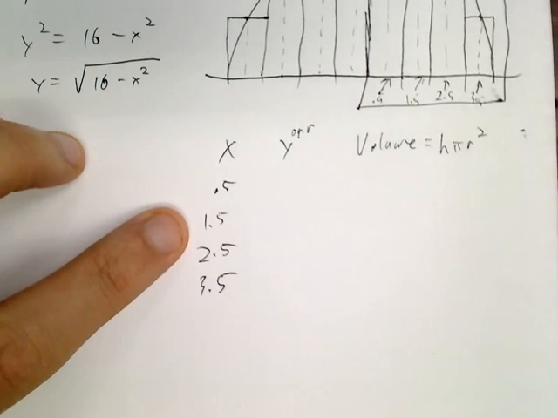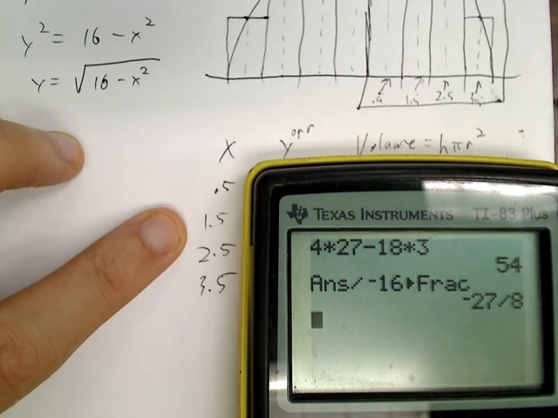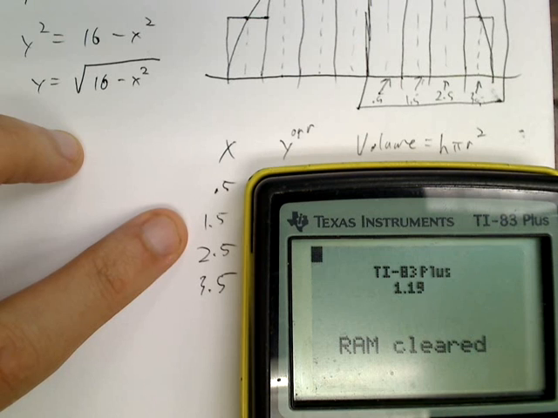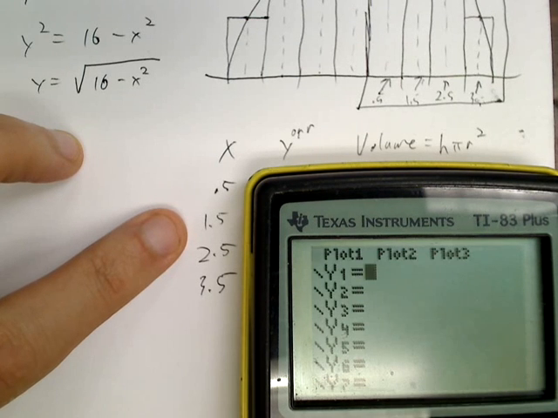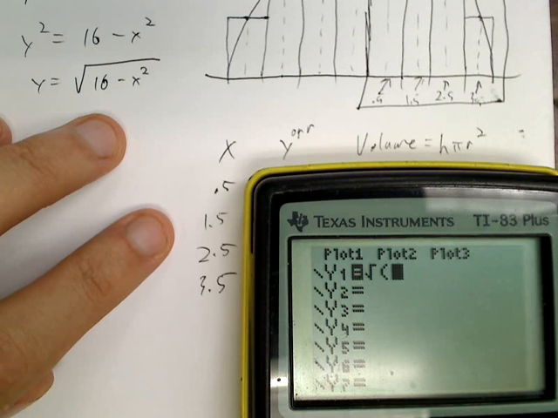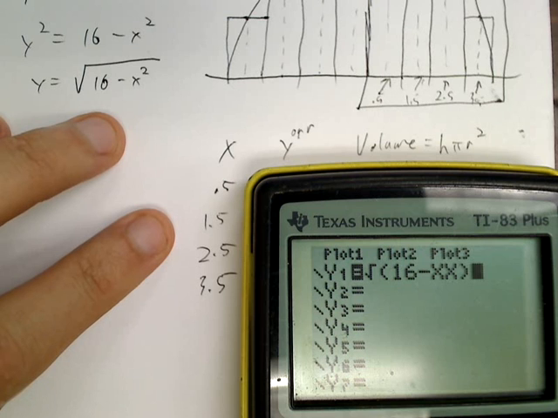Okay, so let's use a table, and I'm actually going to do all of this in the calculator. For the y coordinates, the square root of 16 minus x squared. And I want to look at a table.